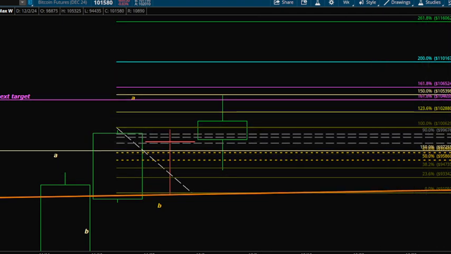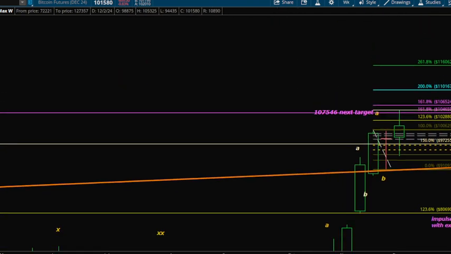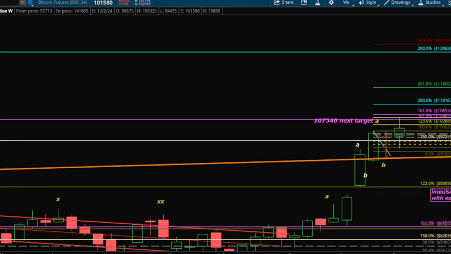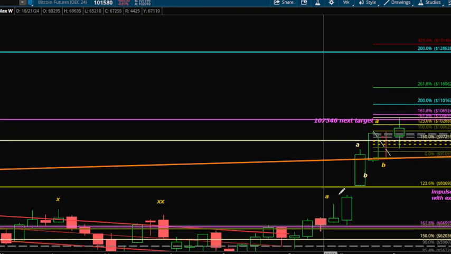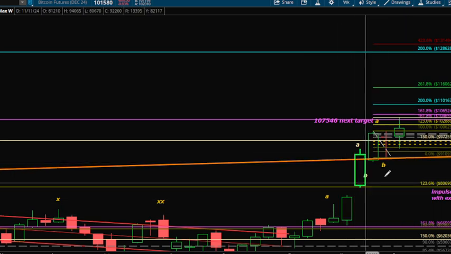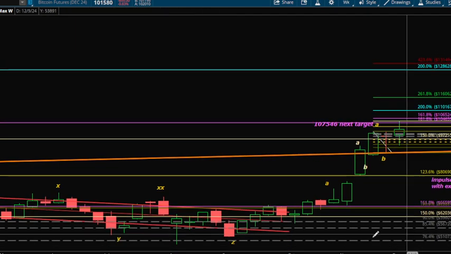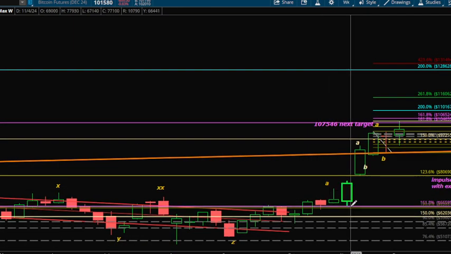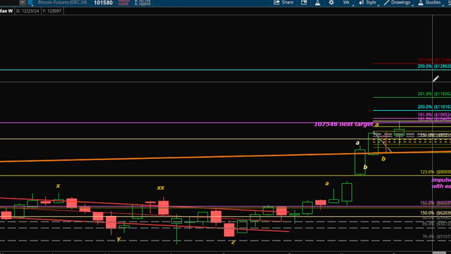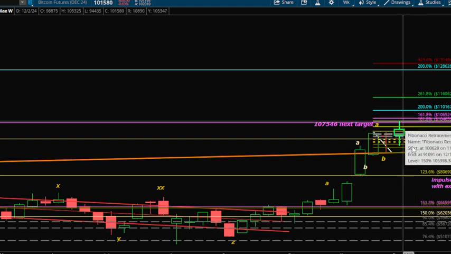a correction for, if not the completion of this leg, but I don't think it's complete because of the degrees that we've counted in that final leg. I think at least maybe one more degree left, but I don't know yet.